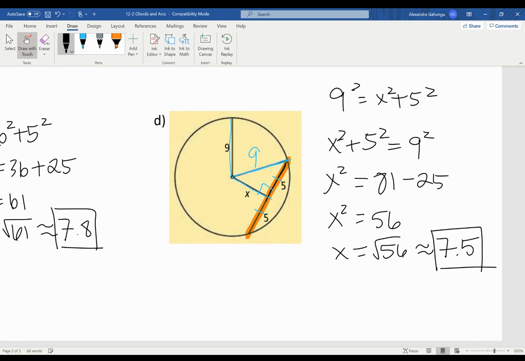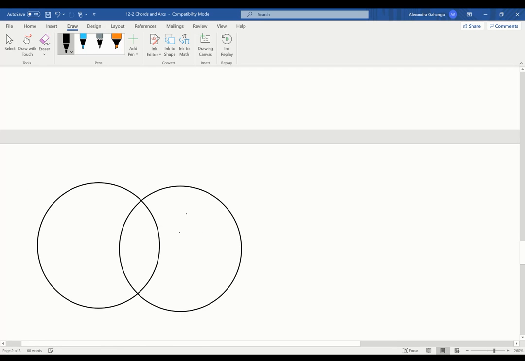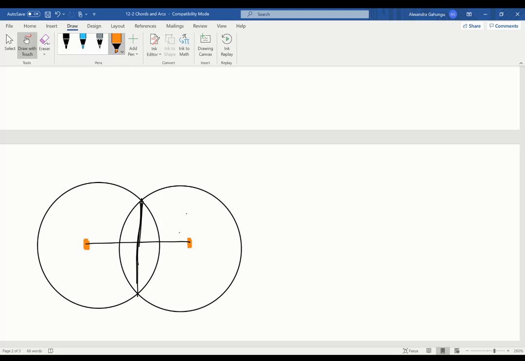The last example looks a little different. It's not on your page, but it will be in the homework. You'll see an example where you have 2 circles where you have, and I'm going to try and draw this nicely, segments at the center of your circle. This is a center, that's a center.